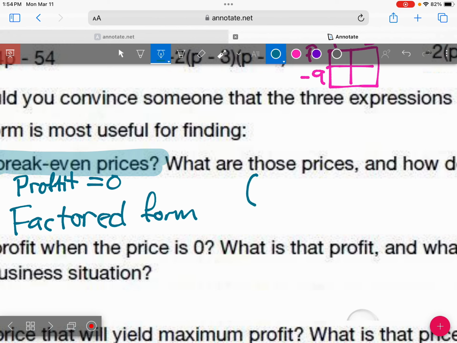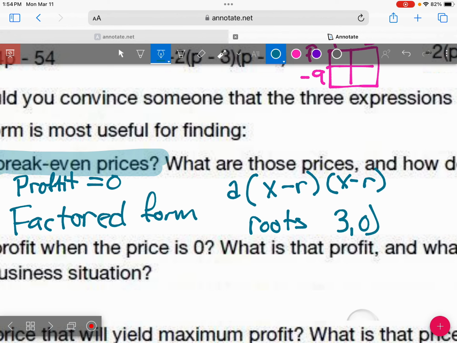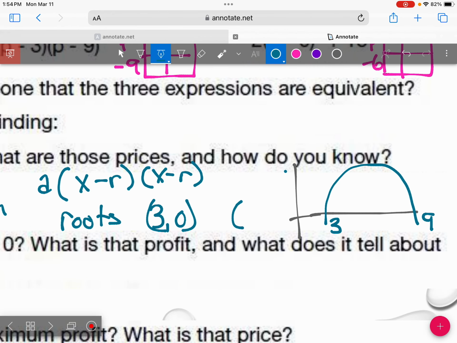Because if you think about our factored forms, it's always x minus the roots, and a is out front. So our roots, or our solutions, zeros, x-intercepts, are going to be at positive (3, 0) and positive (9, 0).